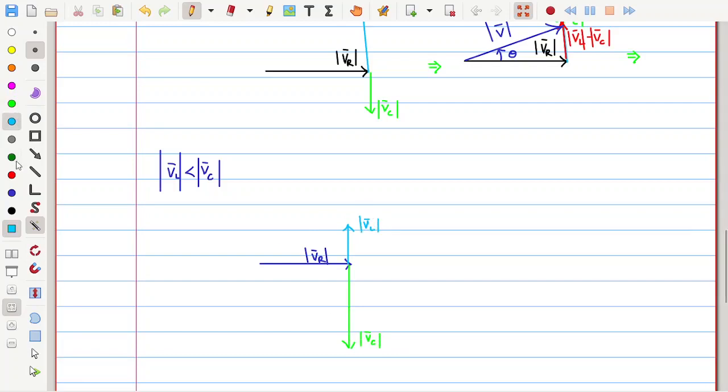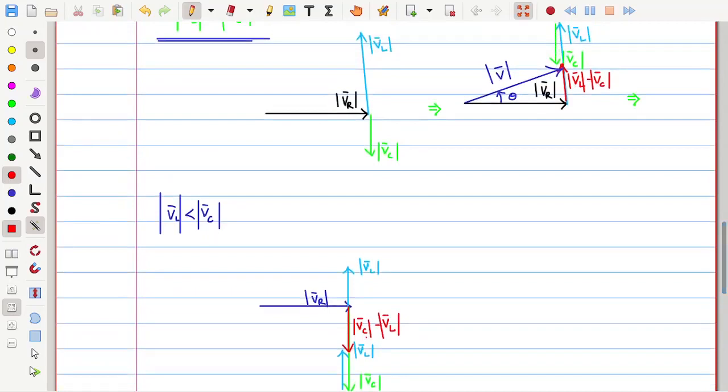Then the difference between VL and VC we get by subtracting this amount of VL from the VC, and the left out value is the difference, indicated here with the red color, which is VC minus VL. Because VC is more, I am taking VC minus VL. Previously VL is more, so I took VL minus VC.